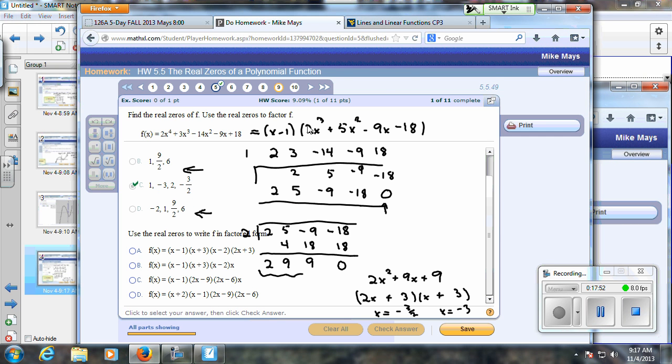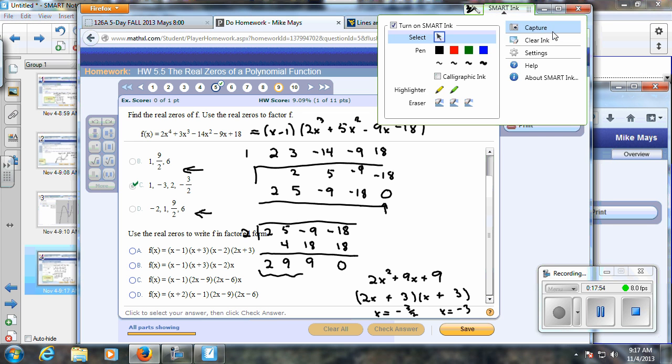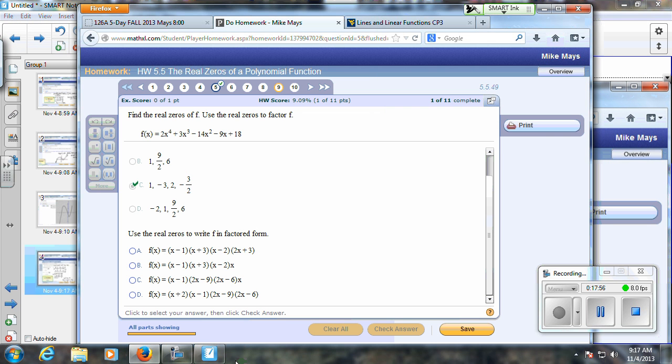And now I want to write f in factored form. So what's going on? I know that the answer is 1, minus 3, 2, and minus 3 halves. So there's a factor of x minus 1, so I'm going to read that off. I need a factor of x minus 1.